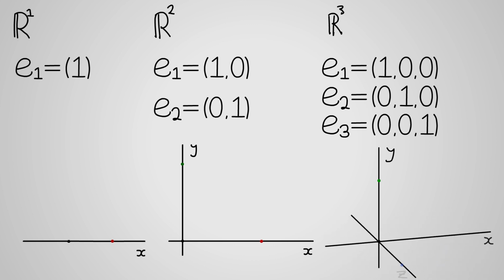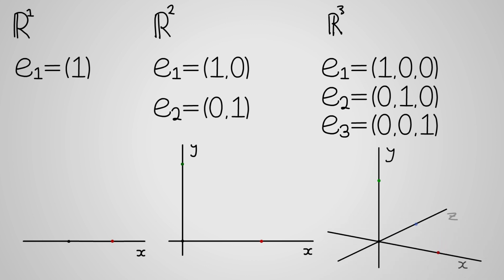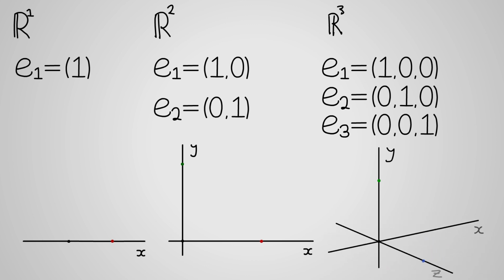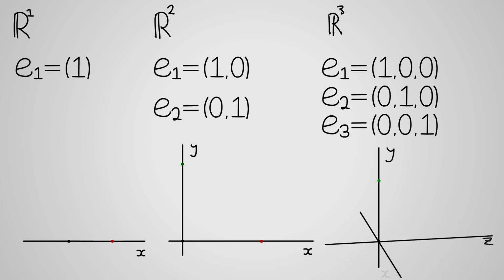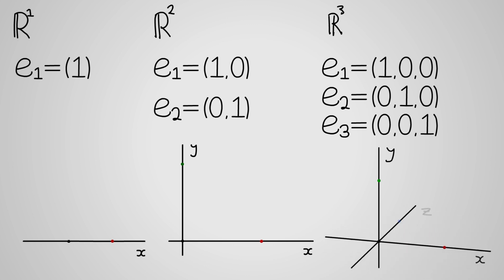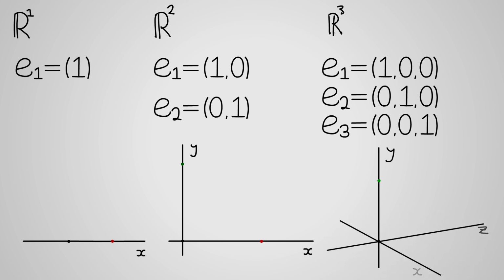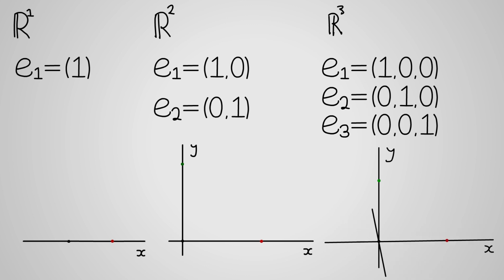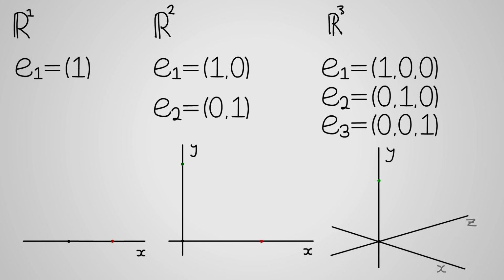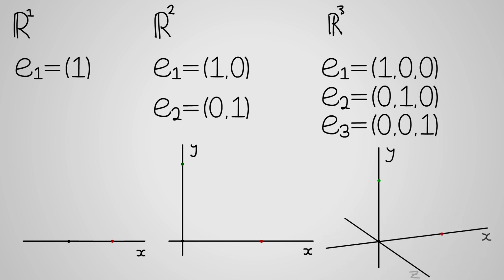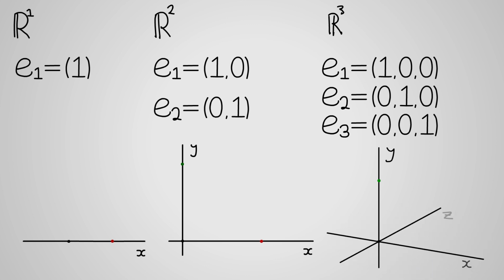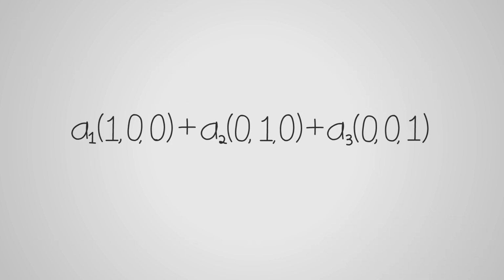There's a little bit of an abuse of notation here, since Rn has its own ei for each n, e1 could mean (1, 0) or (1, 0, 0), and so on, depending on which dimension we're talking about, so we really should write something like e^n_i, but in practice, there doesn't tend to be a problem with just writing ei. One of the main reasons to consider these particular points is that a sum of scaled copies of the ei is the vector whose coordinates are exactly the coefficients in the sum.